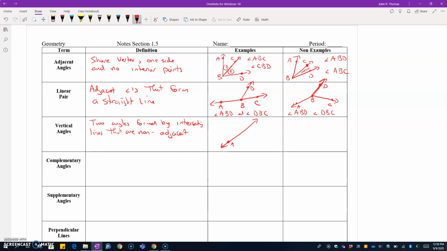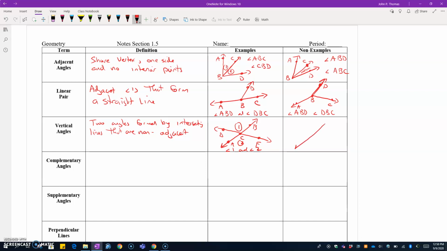Let's call this A, B, and toss a C in the middle, and then call this one D, F. If I label these angles 1 and 2, angle 1 and angle 2 are vertical angles. They're formed by intersecting lines, but they're not adjacent.